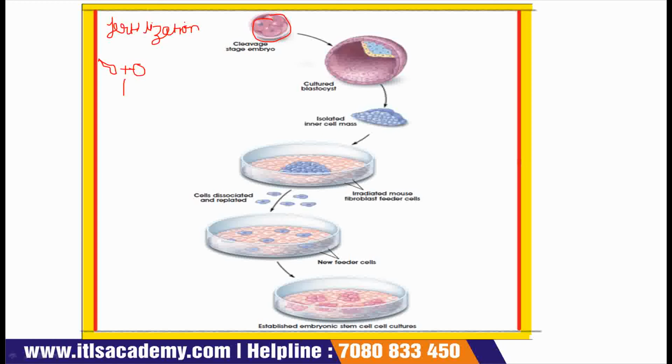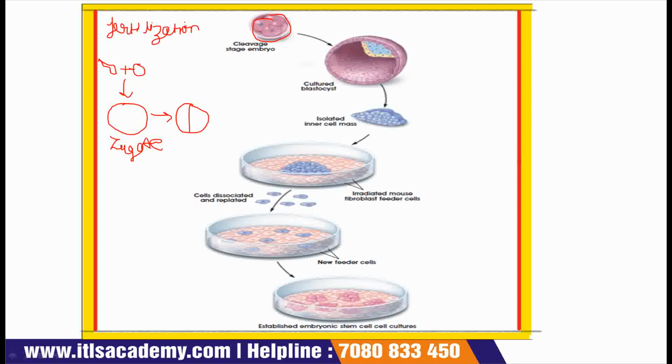After fusion, it forms a structure known as a zygote. Initially, this zygote is a single-celled structure with two nuclei, but further it goes into the cleavage process.